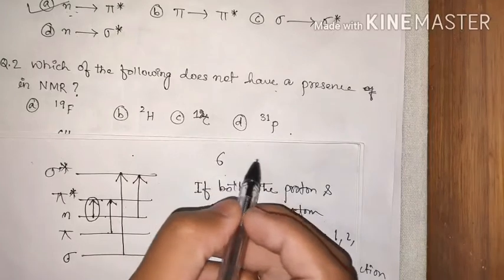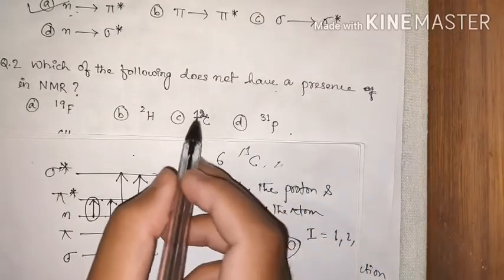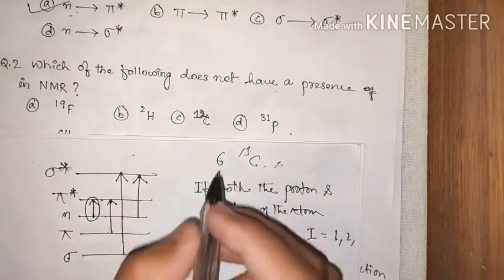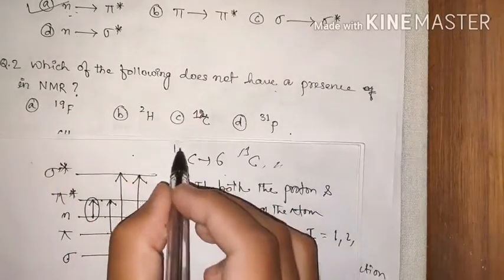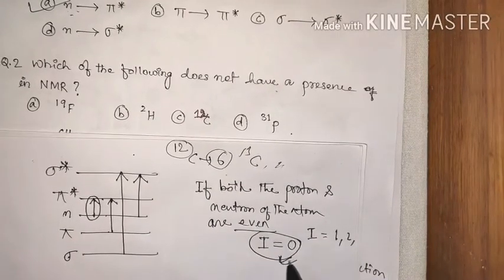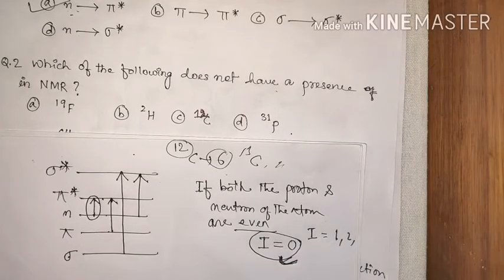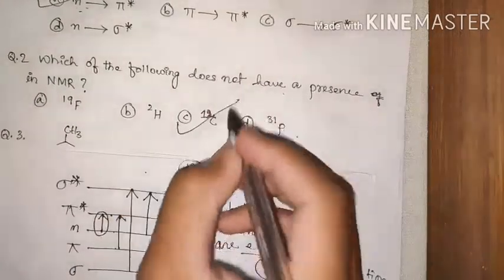There are many isotopes, carbon 13, carbon 14 also, but for C12 particularly, its atomic number is 6 and its mass is also 12. That means both are even, so I is equal to 0. I means the nuclear spin quantum number, and it will be 0, so this atom will not show any NMR spectra. So the answer will be option C.